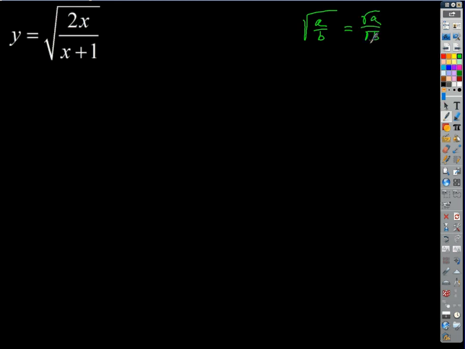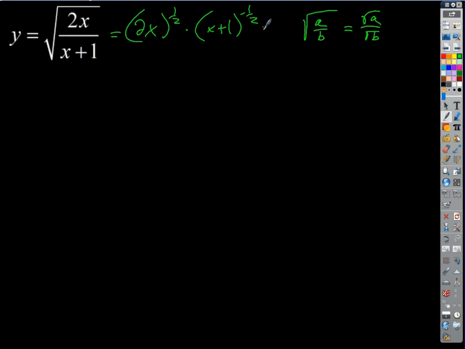So one thing we could do is write this as a product rule: 2x to the 1/2 times x plus 1 to the negative 1/2. That's fine. We could do this as a product rule like we've done. Or we could do this as a quotient rule. If we do it as a quotient rule, we could either split this up, or even better, just do it as is.